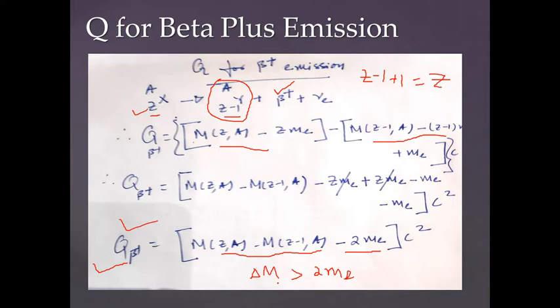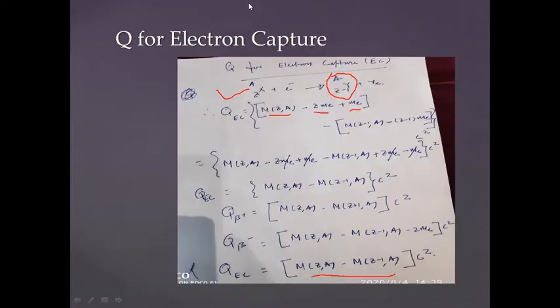So for Q to be positive, the difference in the parent and the daughter mass has to be greater than 2me. While in the case of electron capture, there is no such restriction. The difference does not have to be greater than 2me. It is just the initial mass minus the final mass, obviously, which is always positive because it's an exothermic nuclear reaction.